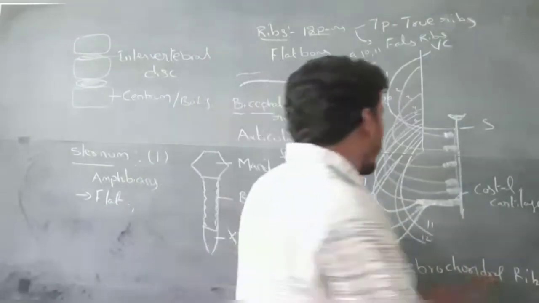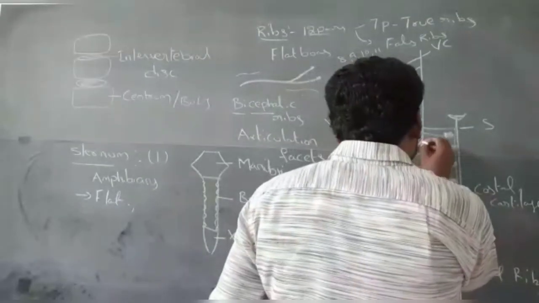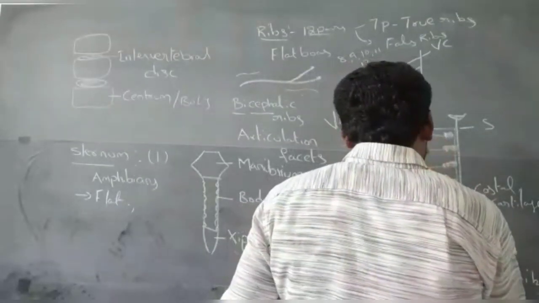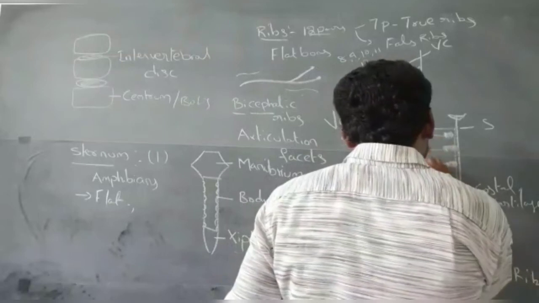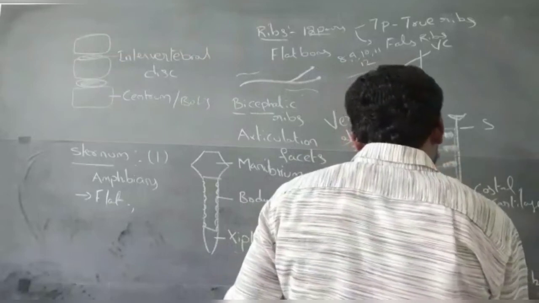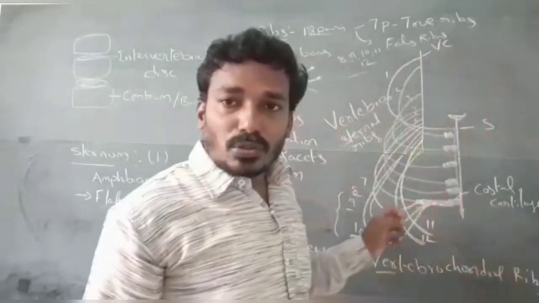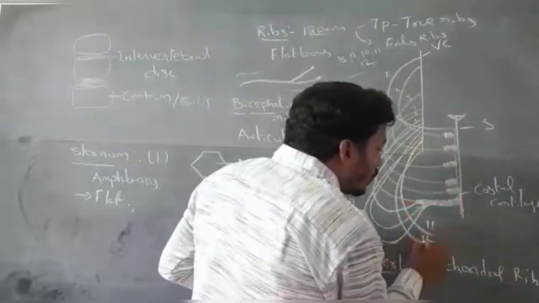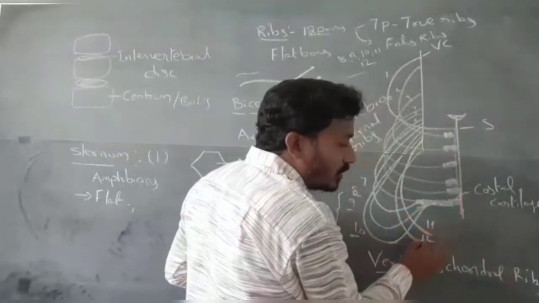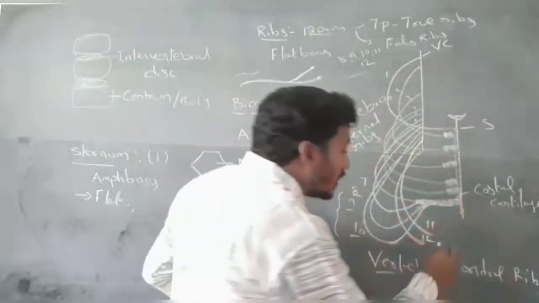Next, the 11th to 12th ribs are floating ribs.